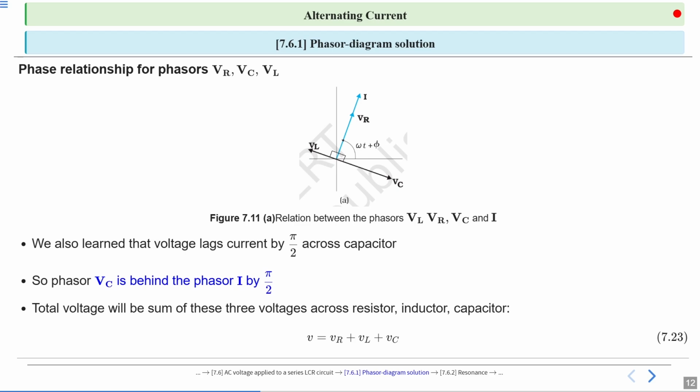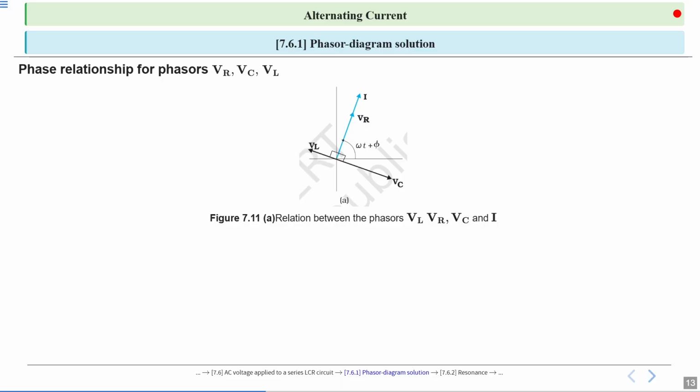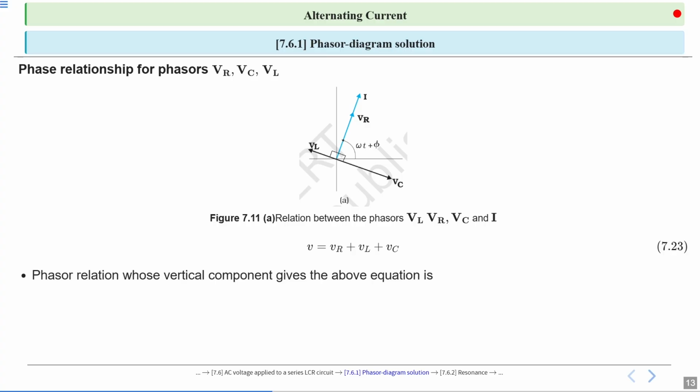But these are vectors, so we have to do the vector sum. Okay, so this is for the instantaneous value, 7.23. But if we want to find the RMS value or peak value, the phasor relationship whose vertical components give the above equation is V equal to VR plus VL plus VC.